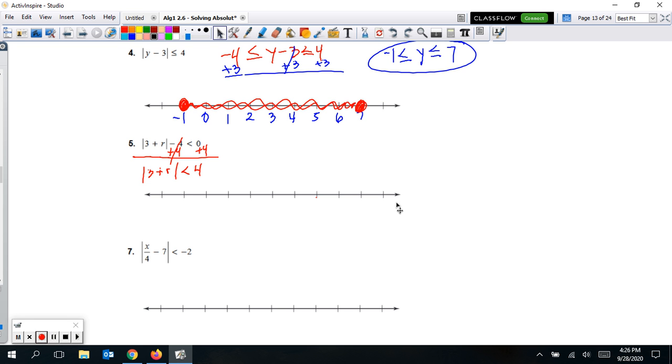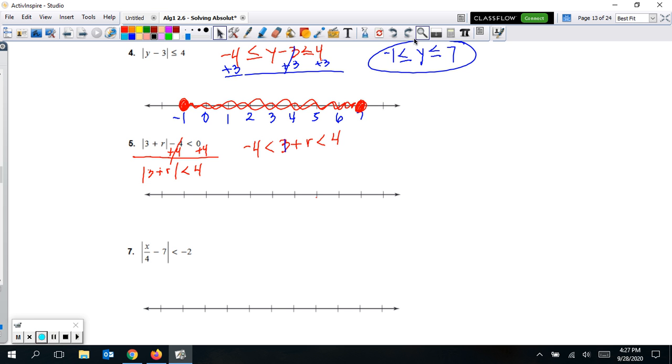Okay, so you should have paused the video. Here's what you should have now. So if we take the 3 plus r out of the absolute value symbols, we'll use our inequality sign and 4, less than 4, so that's going to be our first part of it. In front of this 3 plus r part, we're going to put another less than symbol, and then the opposite of 4, which is negative 4.